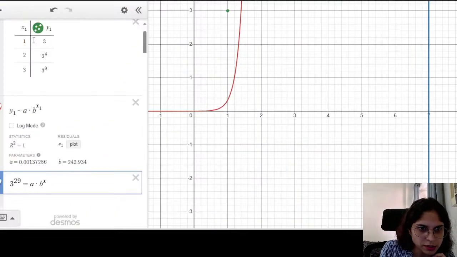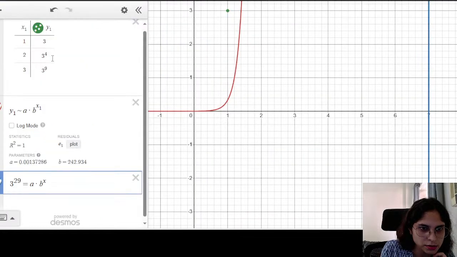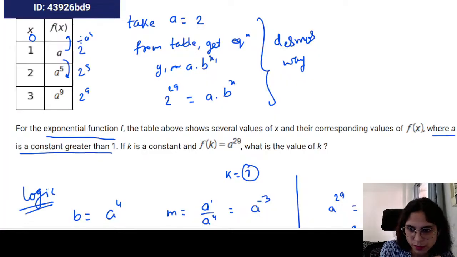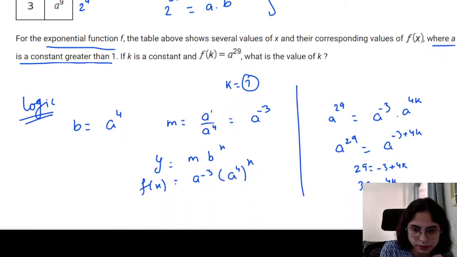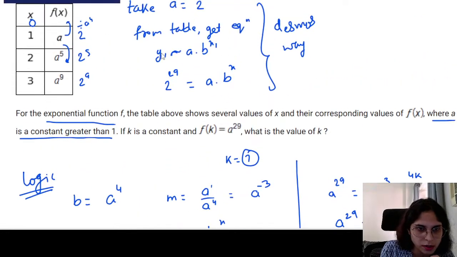At 1 this is 3, at 2 it is 3 to the power 4, at 3 it is 3 to the power 9, 3 to the power 29 equals 8 times b to the power x, value of x is 7. So something is off. Are we multiplying by b to the power 4? 5 minus 1 is 4, 9 minus 5 is 4, yes.